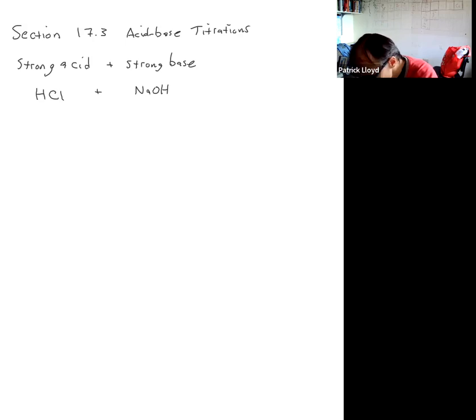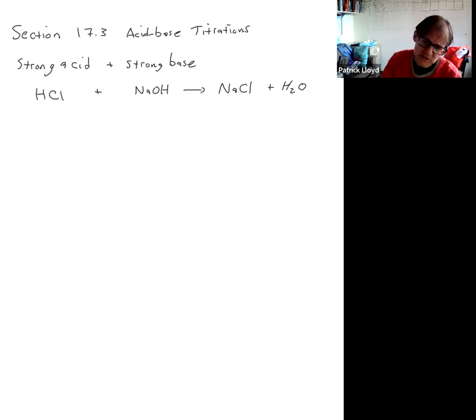Okay. Now, when those two react, you're going to get a double displacement reaction. So you'll get a salt and you'll get water. Okay. So that's the reaction of a strong acid with a strong base. What we'll do in these calculations is we'll look at the pH calculation for that type of problem.